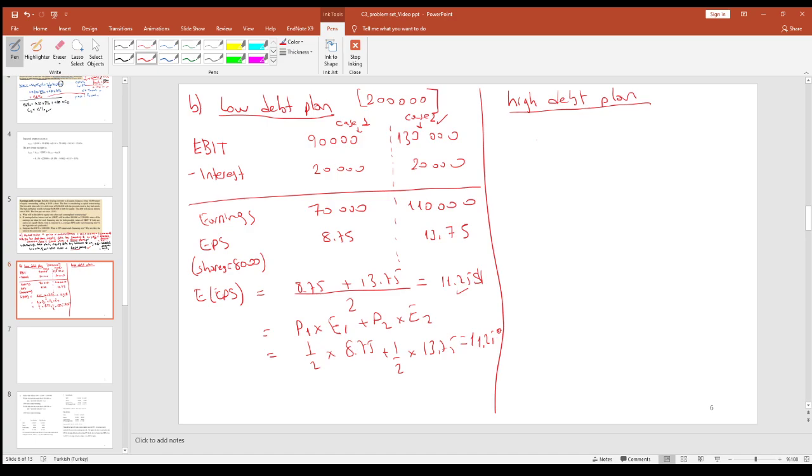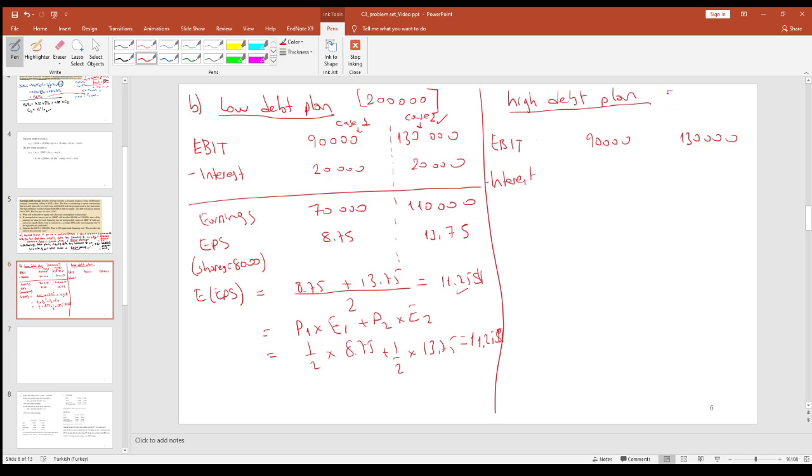So let's see what will happen in case of the high debt plan. Let's calculate EBIT. Again, we have the $90,000 and $130,000 situation. Let's calculate the interest expense here.